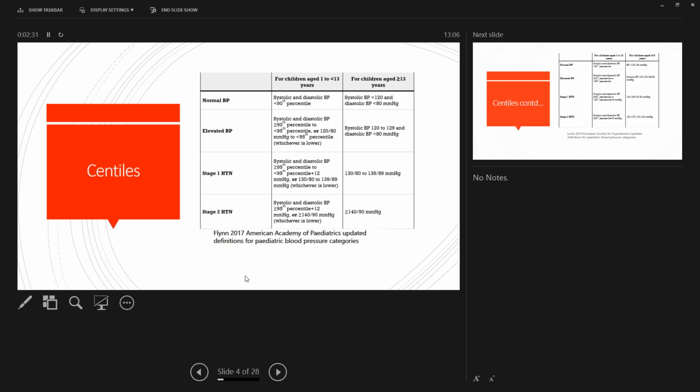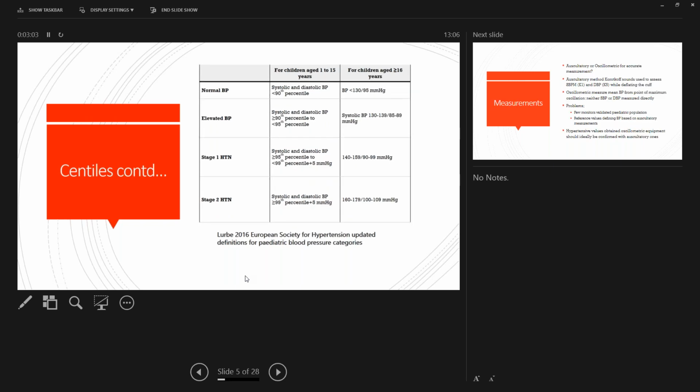So the difference between these and the European ones is for the children aged 1 to less than 13 years, they have a split classification as soon as you get to the elevated stage. So you can see there it says about systolic and diastolic over the 90th percentile to under the 95th, or figures of 120 over 80 to less than the 95th percentile. And we just go by whichever one is lower.